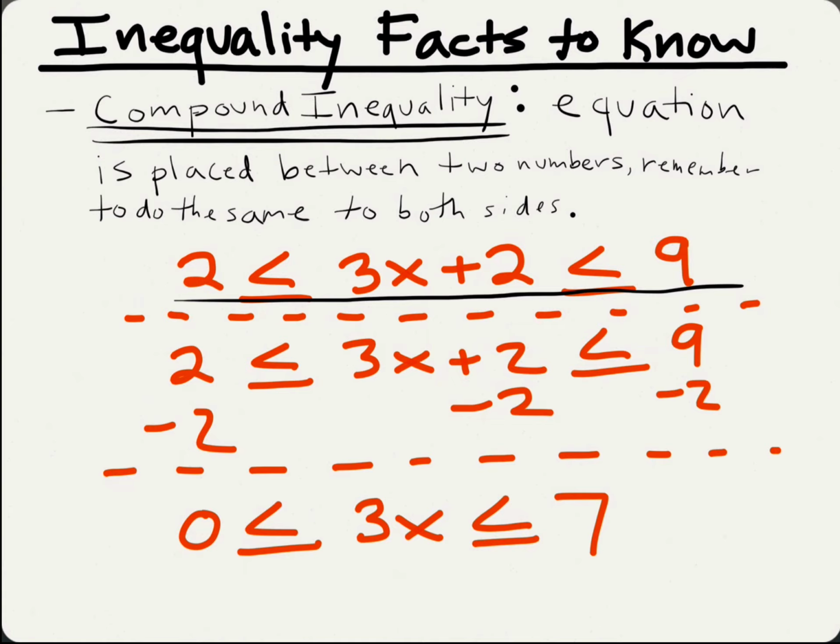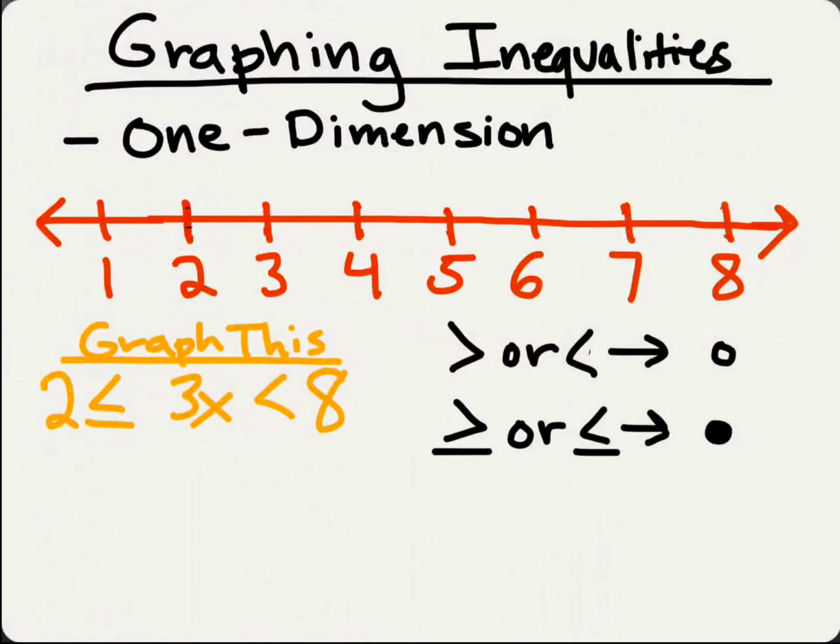We can't just subtract 2 from the 9. We also have to subtract 2 from the 2. So when we subtract 2, we subtract 2 here and here. So then it becomes 0 is less than or equal to 3x, which is less than or equal to 7. So that's all you need to remember: what you do to one side, you have to do to both sides when it comes to compound inequalities.